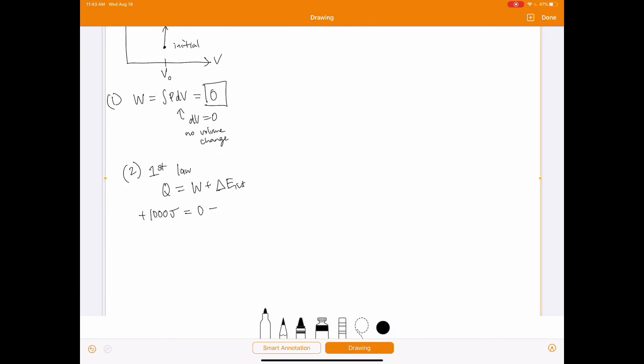Work is 0, and delta E internal, we'll leave it like that, but it's clearly something positive, right? So the internal energy of the gas is increasing, and what that means is the temperature of the gas is going up. That should be very intuitive. Of course, if we add some heat to the gas and we don't allow it to expand, it's going to have to increase its temperature.